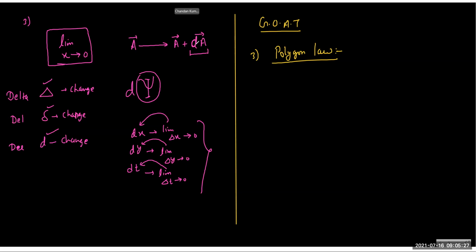It says that if you have more than two vectors, maybe three, four, or maybe 3,000, and you keep on drawing the next vector from the tip of the previous vector, then the line closing the polygon, from the tail of the very first to the tip of the last vector, gives the resultant. That's very intuitive, it's not difficult. So you start with some vector.